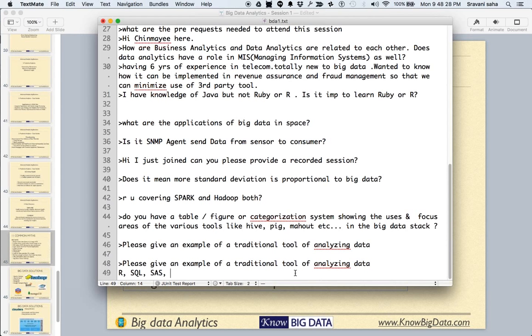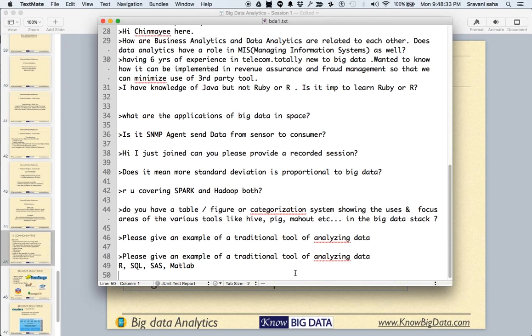Other than that, even a MATLAB kind of tool is also used. Even your Excel sheet is used for analyzing data. And of course, you cannot deny the whiteboard and pen and paper.